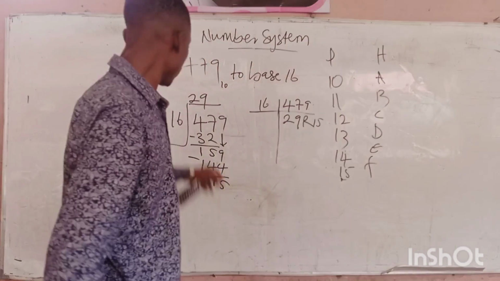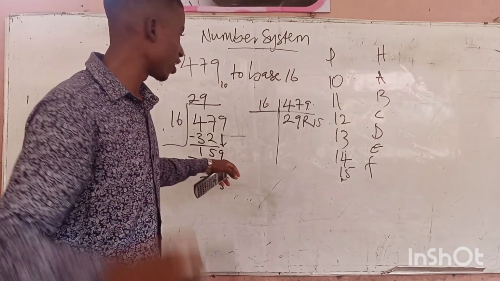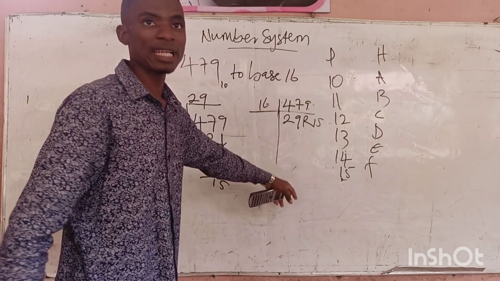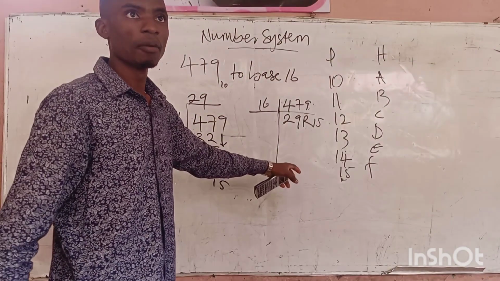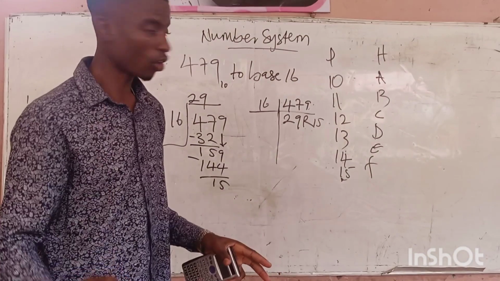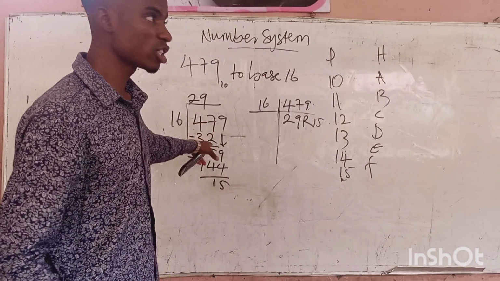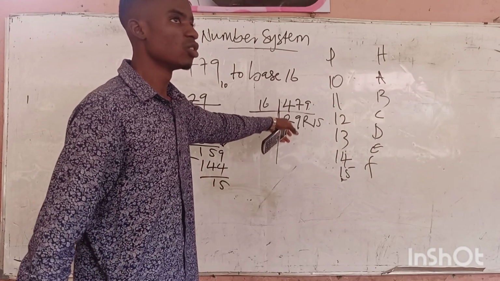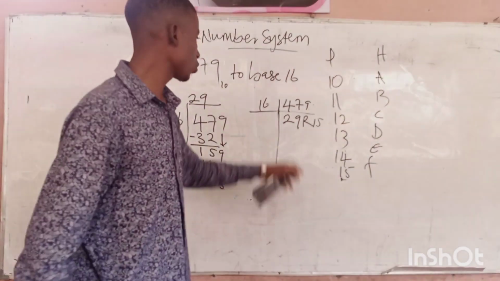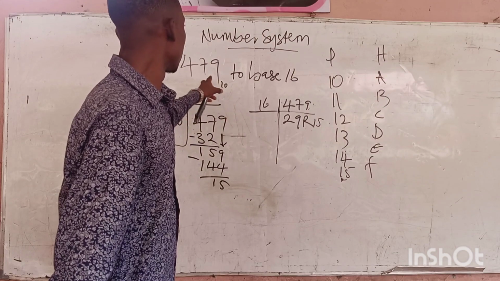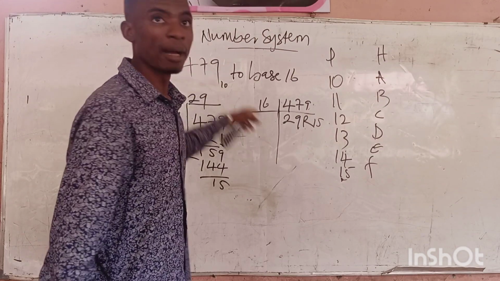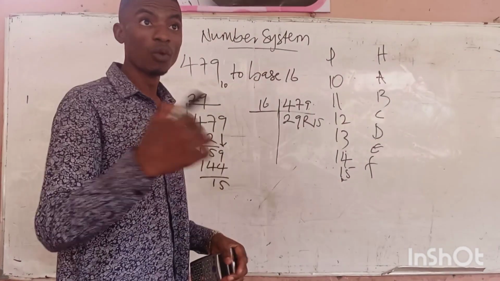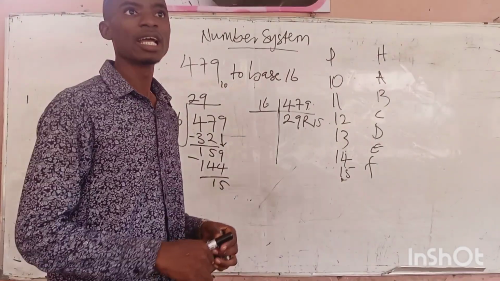So now, having used long division to break it down, you can simplify it using this approach. In a situation where you don't have a calculator, you can use this approach to break it down and complete it. This is how to convert decimal to hexadecimal with or without using a calculator.